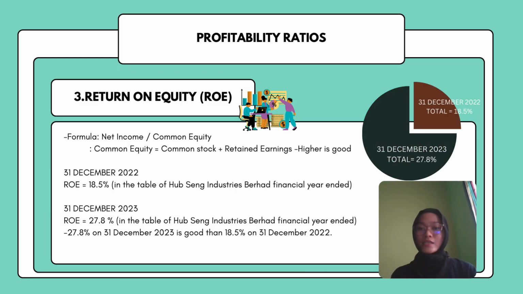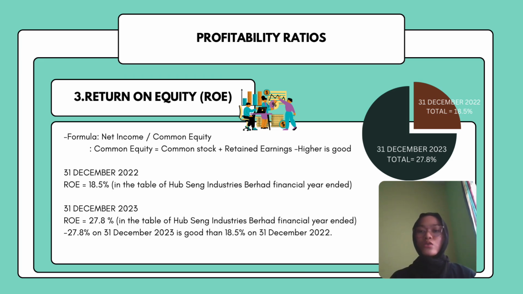The last calculation is ROE. The formula to calculate ROE is net income divided by common equity. How to get the common equity? Common equity is equal to common stock plus retained earnings.